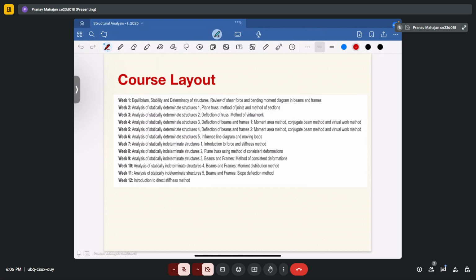For that, in the previous week, we have seen in the trusses that we have utilized the method of consistent deformations, wherein we have used one compatibility equation. Using that, we have seen how we can determine the unknown forces. So we have covered the problems for first degree indeterminacy as well as second order indeterminacy.